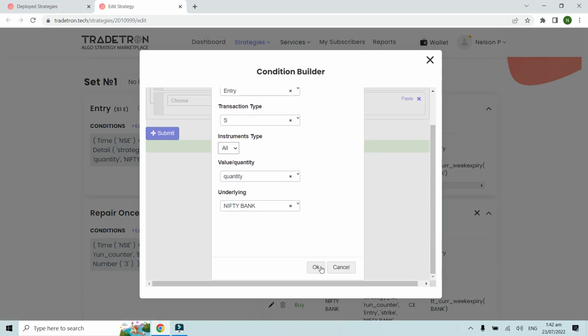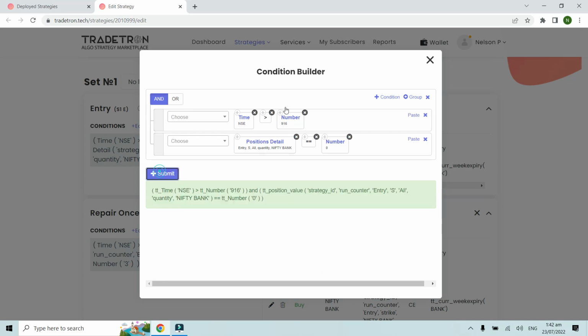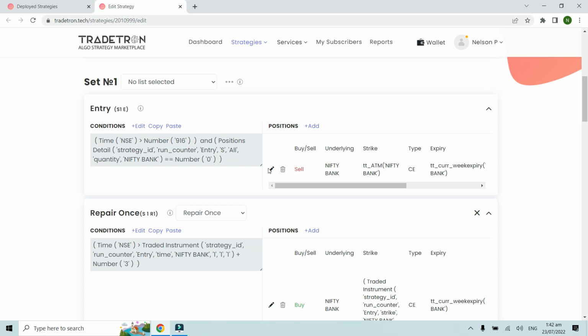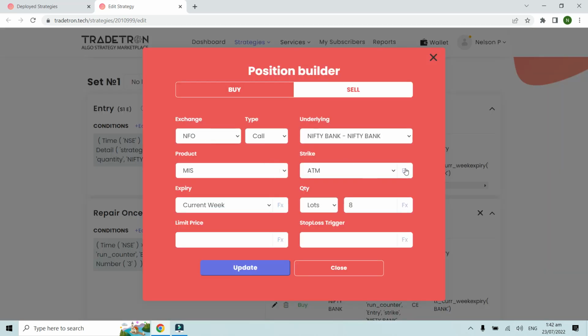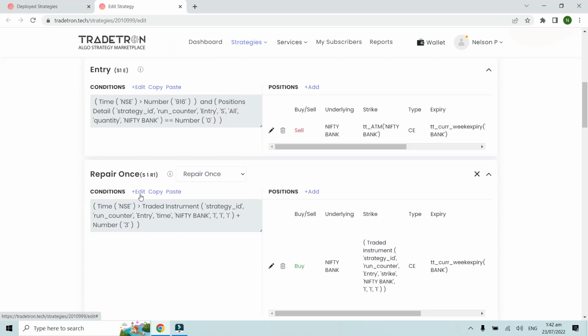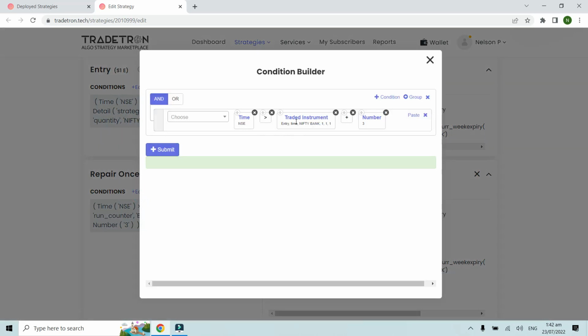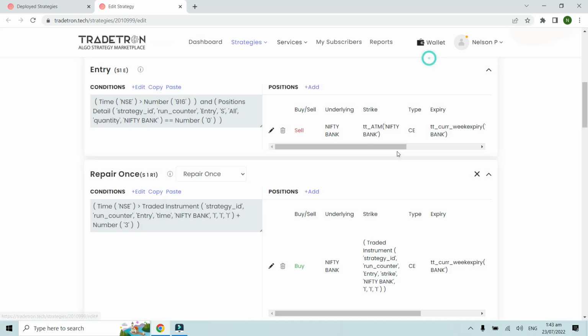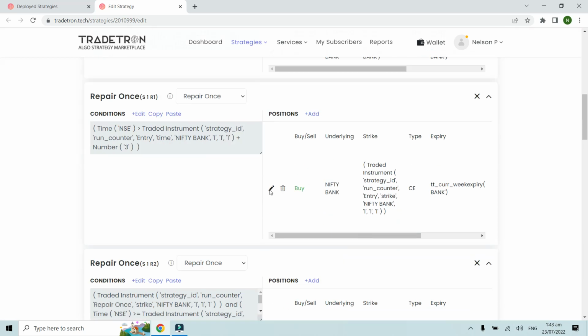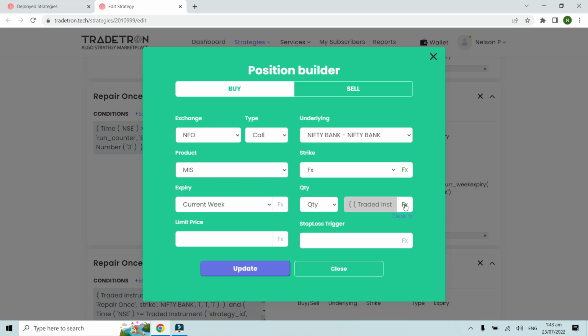Once this is done, over here we are selling this particular ATM call option of 8 lots. After that, edit over here. Similarly, after 3 minutes, we exit the strategy in terms of quantities.